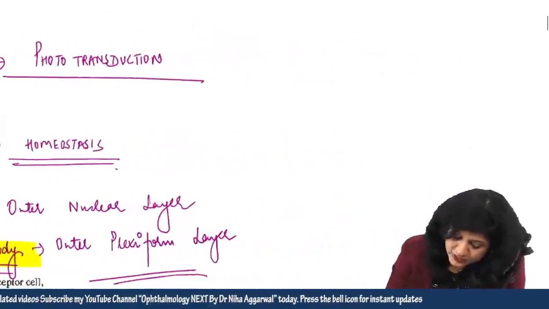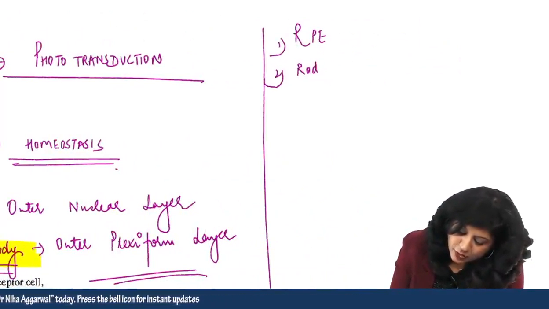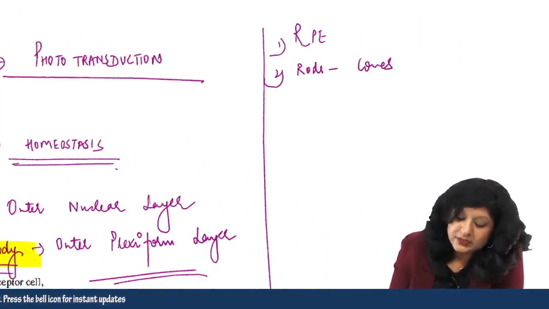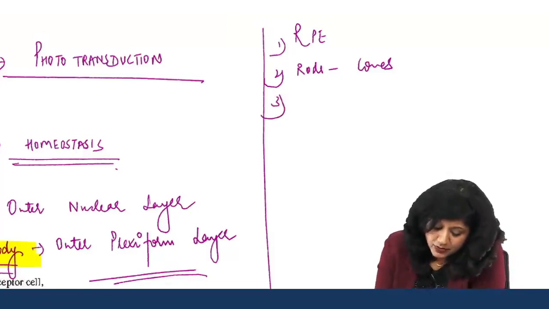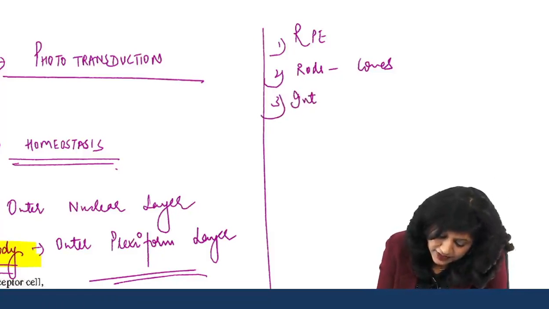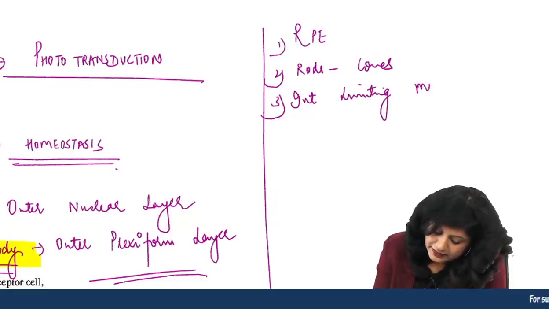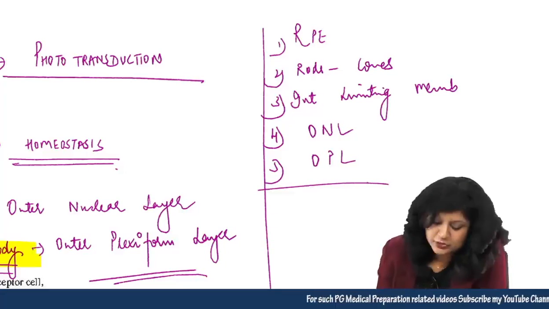So in this way, we had the RPE layer, then we have seen the layer of the rods and cones, then their nuclei going into the outer nuclear layer, but before that we have an internal limiting membrane or internal limiting layer, and then you have the outer nuclear layer and the outer plexiform layer. So up till this we have seen.